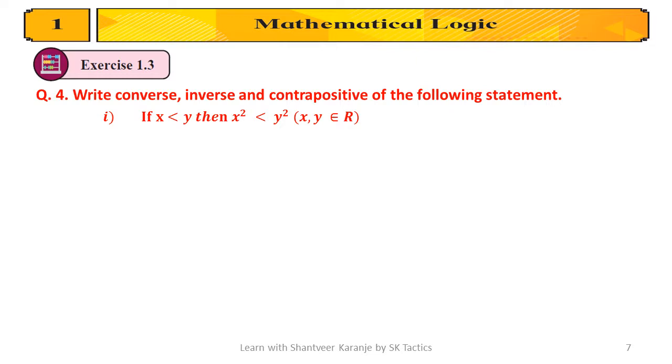So if P, then Q is the form. P is x less than y, Q is x square less than y square.